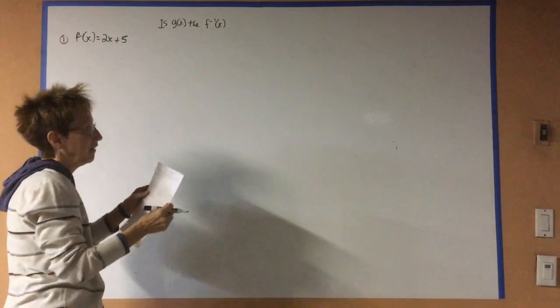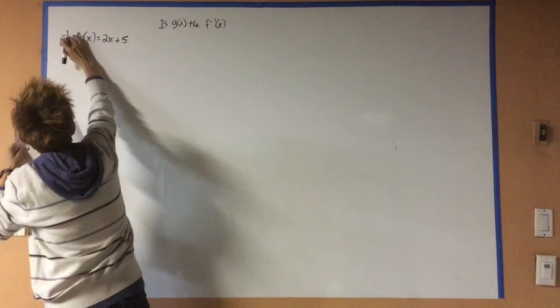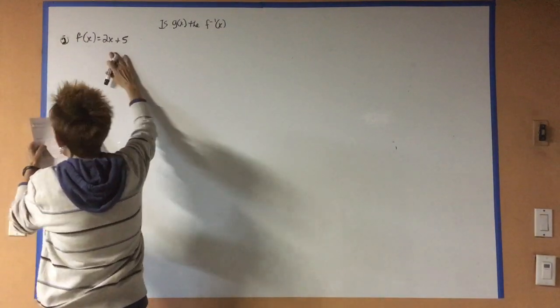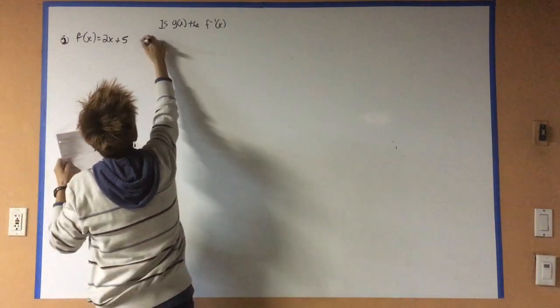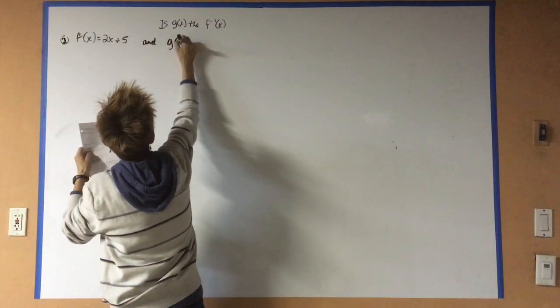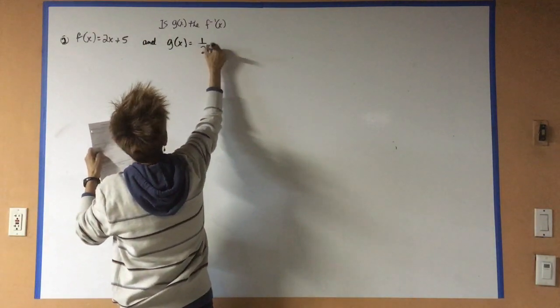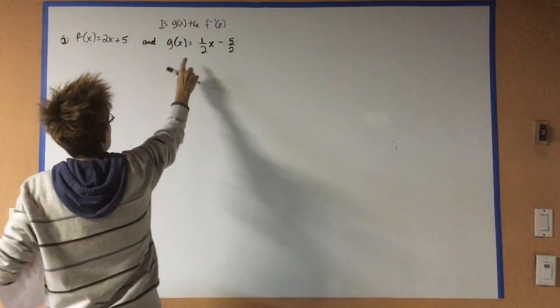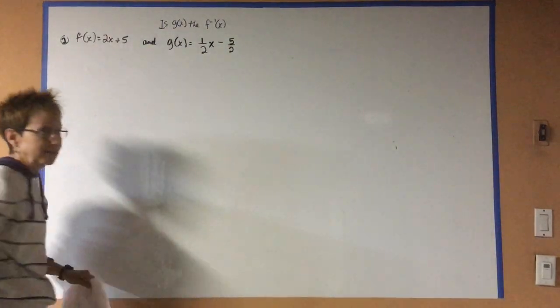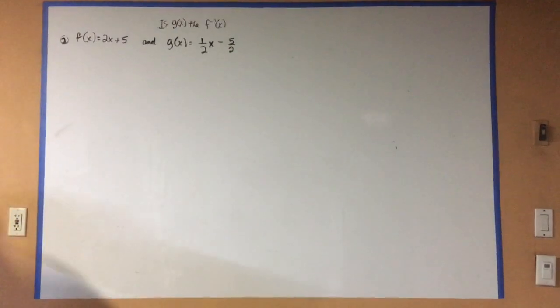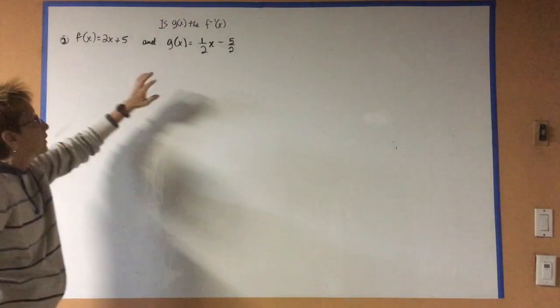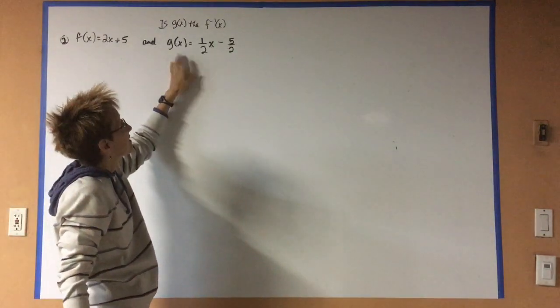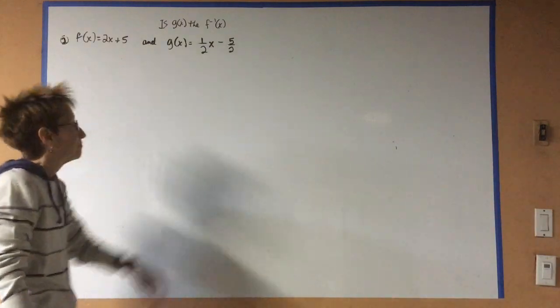I did, but that's not how I did it. And so I said, okay, number 2, f of x is 2x plus 5, and now I'm going to say g of x is 1/2 x minus 5/2. Because I saw the issue here wasn't so much with the 1/2 x, but it was with the constant. So, and now, same question. Now is g of x f's inverse?